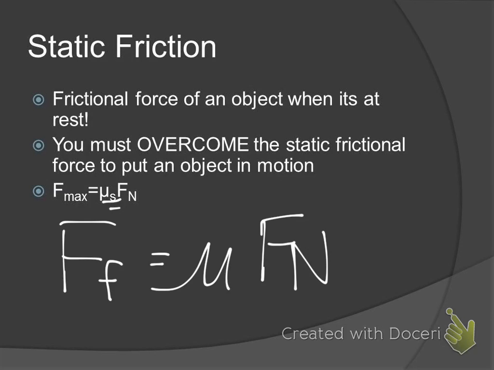Not anything you really need to know the difference between. You will always either be given those coefficients or you'll solve for them. Coefficients have no unit. So the coefficient of friction, this mu character, has no unit. It's just a number. And each type of surface has been assigned a coefficient of friction.